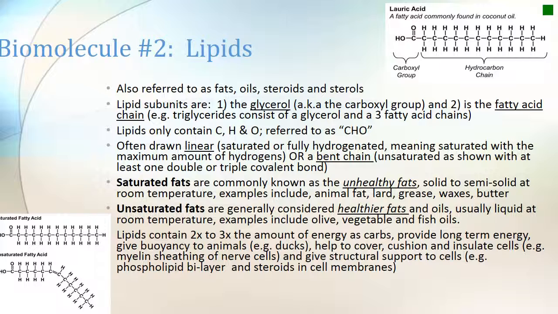But the structural support that is in the cell membrane comes from a phospholipid bilayer. The lipid was that there's 2 lipid layers, and also within the cell membrane there's steroids, so they give some rigidity and support, and they help with the cell membrane.